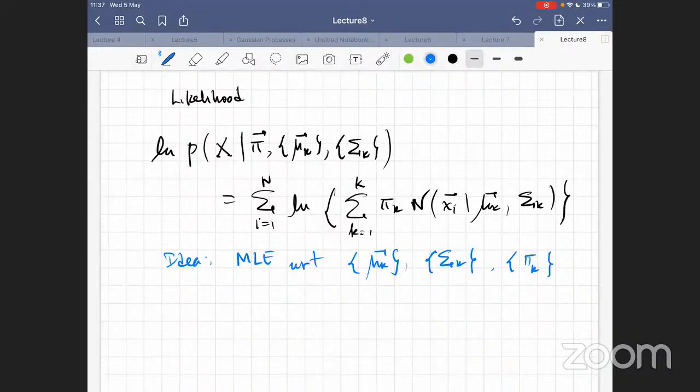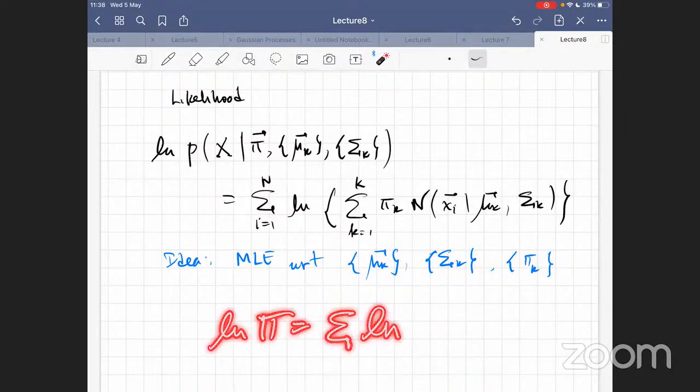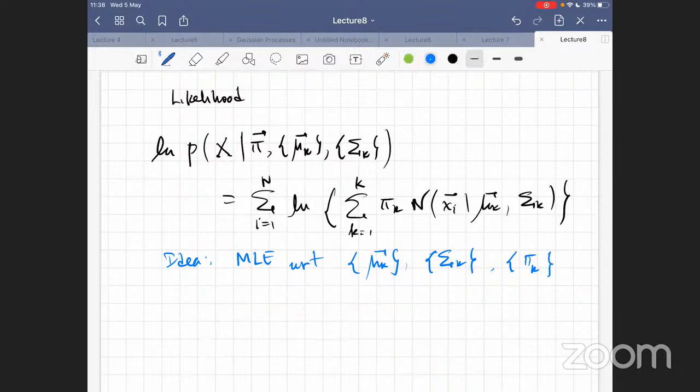The problem here is that, by looking at this expression, this is the log of a sum, but the parameters I want to find, the optimum parameters, are inside a sum here, and not a product. So I cannot do this thing that the log of a product is just the sum of the logs. And essentially, this means that this is very difficult in practical implementation. It's very difficult to optimize.